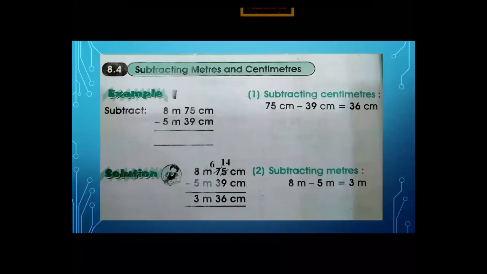Now, subtracting meters and centimeters, same as addition. Look here. 8 meter 75 centimeter, 5 meter 39 centimeter. Okay, so always start from here, and first of all in subtraction you should see that upper digits are subtracted from lower. In this case, upper digits must be bigger than the lower digits.